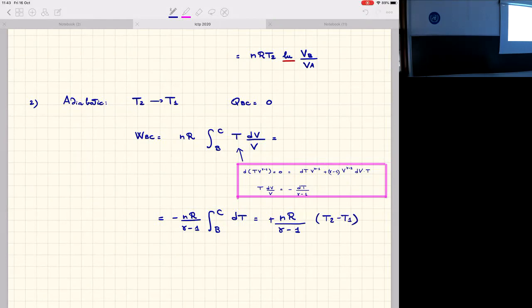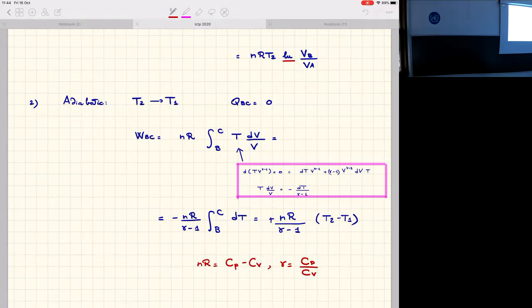Now, let me make another little thing here. So n times r is equal to Cp minus Cv, right? Yes. Gamma is equal to Cp over Cv, right?